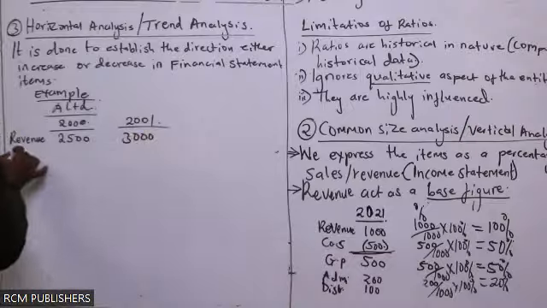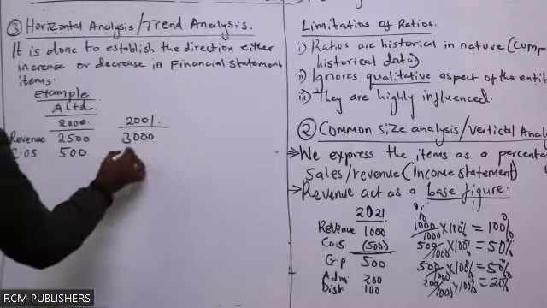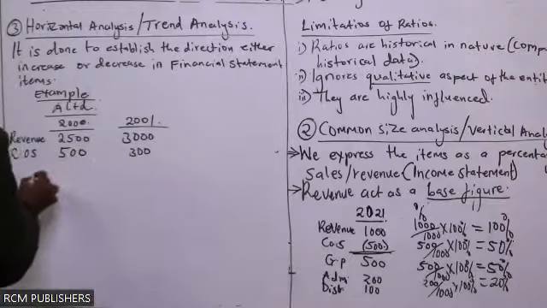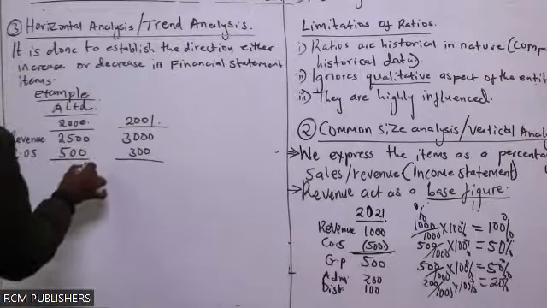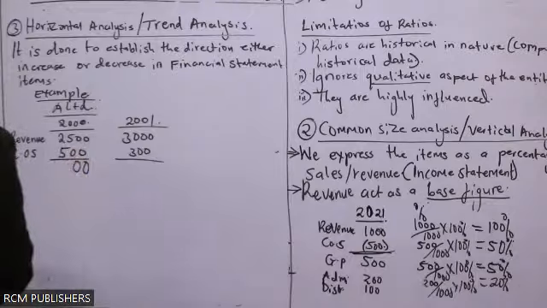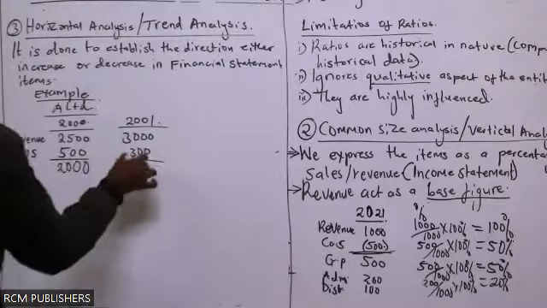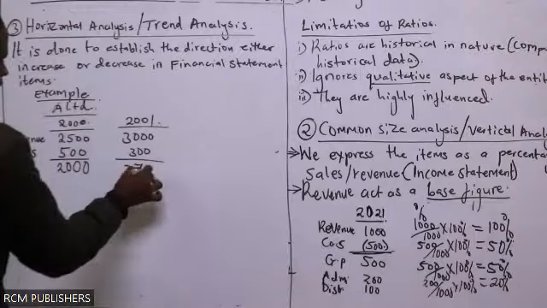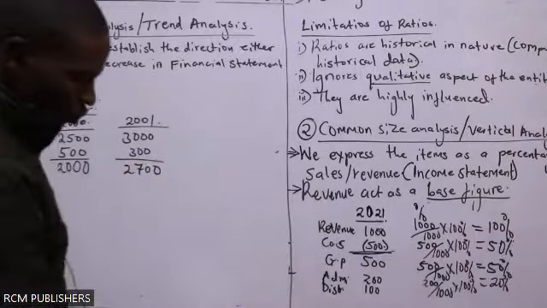Then here we have cost of sale, maybe 500, but here we have 300. Then our gross profit will be how much here? 2,000. Here it will be 2,700.